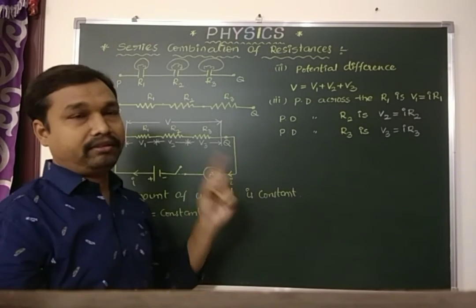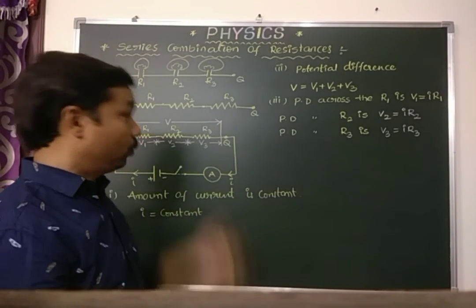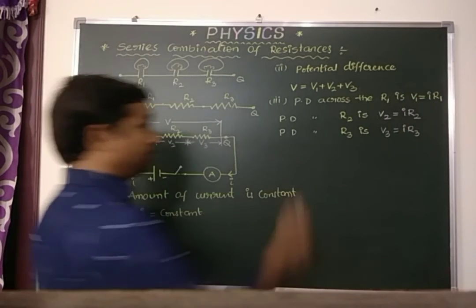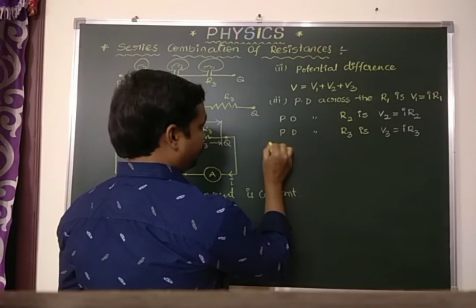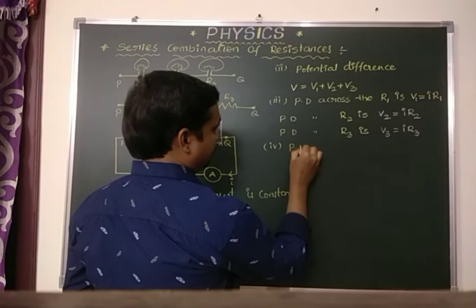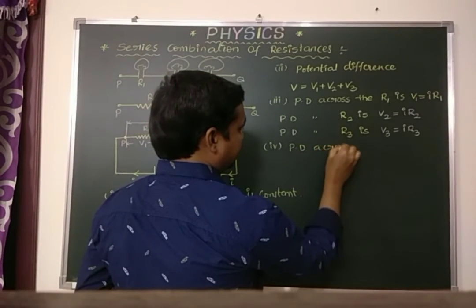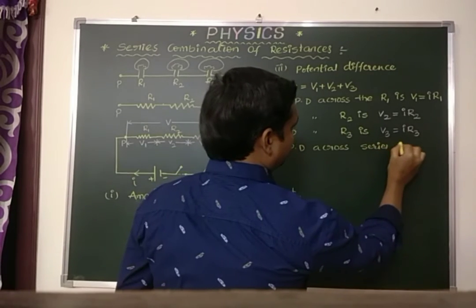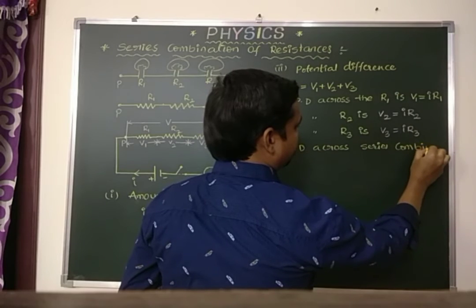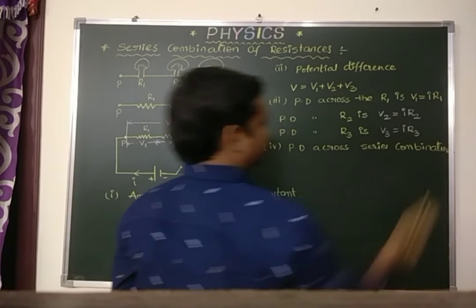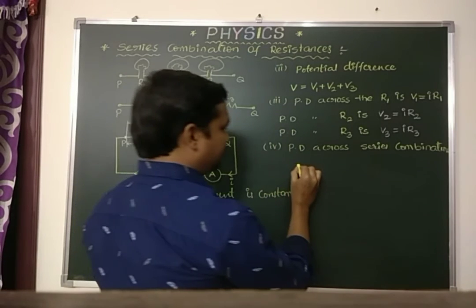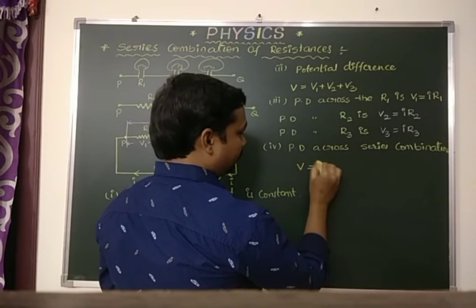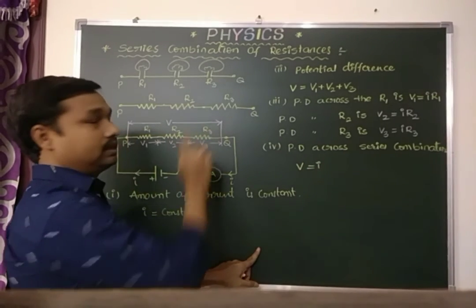Right now we got V1, V2 and V3. The potential drop across the complete series combination is represented with the symbol V. V is equal to I times the resistance of this, which I don't know.